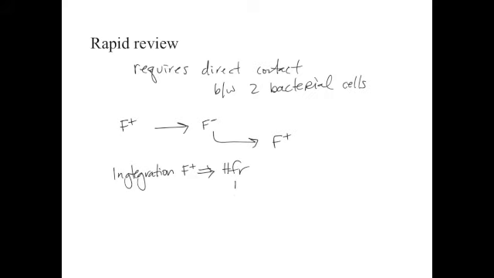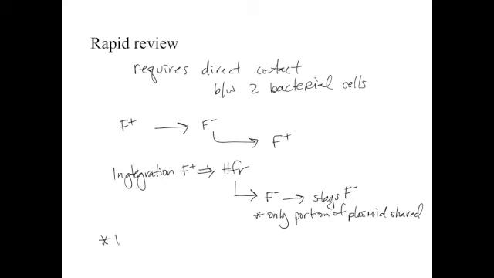Our HFR cell can still share that DNA with another cell, but our F minus cell stays F minus because it only gets a portion of the plasmid genes. Plasmids themselves can contain toxins, genes for antibiotic resistance, and genes to make a pilus.